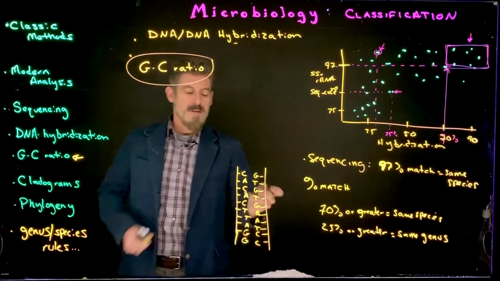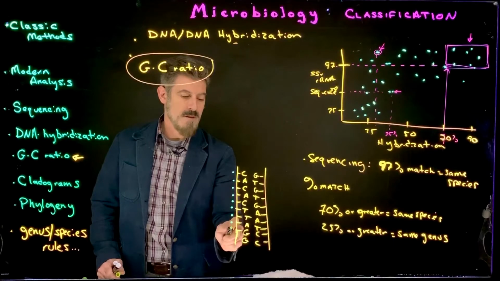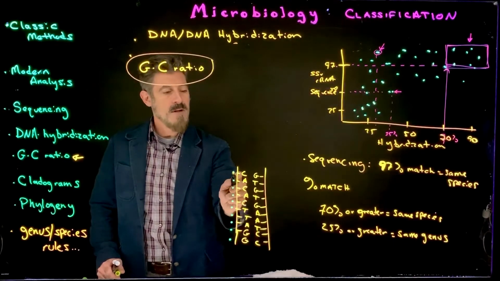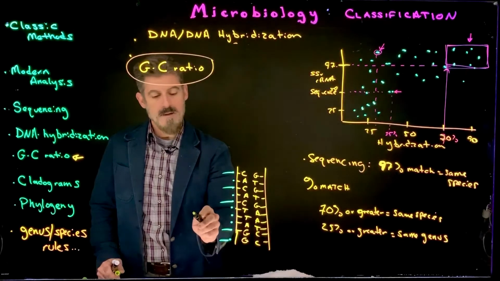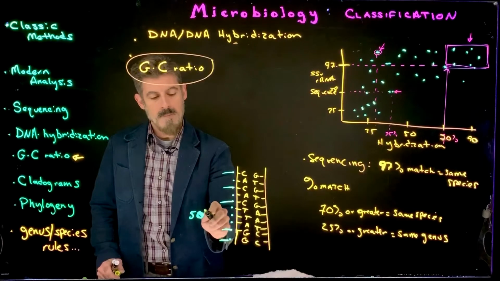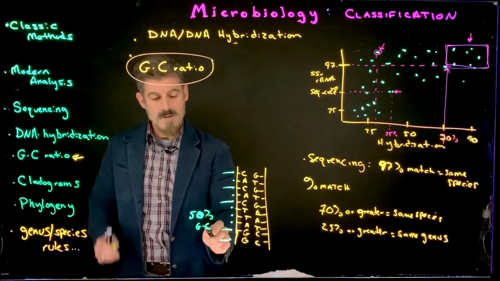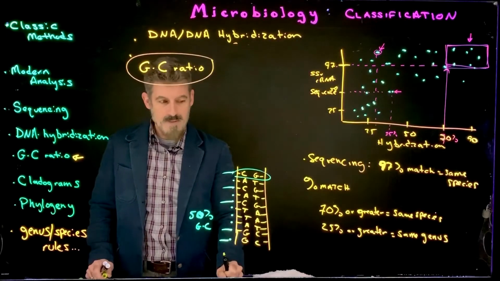So let's say of these here, I have 1, 2, 3, 4, 5, 6, 7, 8, 9, 10. And of those 10, I have 1, 2, 3, 4, 5. Okay, so 50% is GC. So these are these here for this particular little sequence I have.